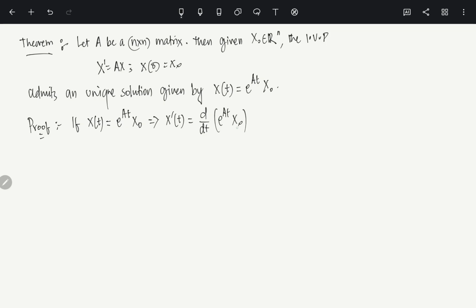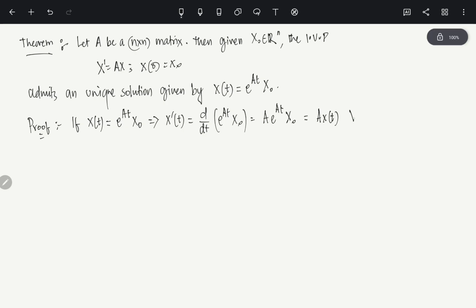See, x naught is independent of t, right? So d/dt of e^(At), we know that it is A e^(At), times x naught. And e^(At) times x naught is nothing but x(t). So this is A times x of t. Clear? So x prime t equals A times x(t).